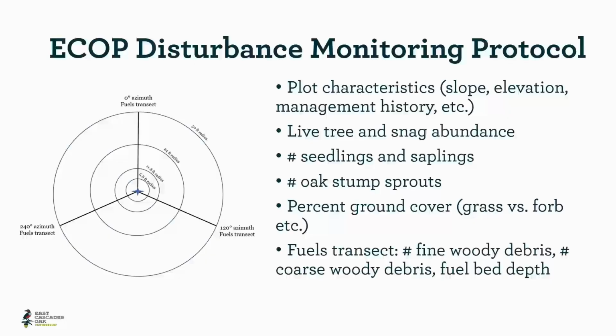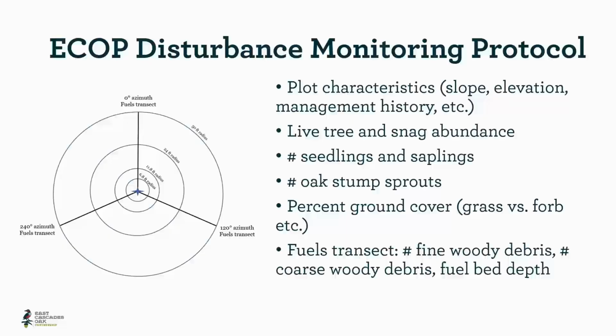On the left, there is a diagram of what the plot looks like. Each plot is marked in the center. It's a 50-foot radius circle. That's approximately 0.2 of an acre. And there's smaller inner circles where various measurements take place for trees and the understory.